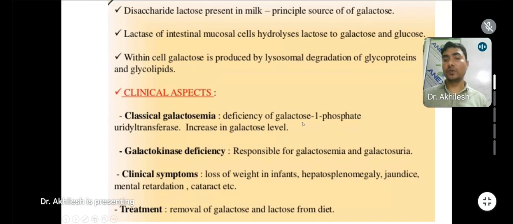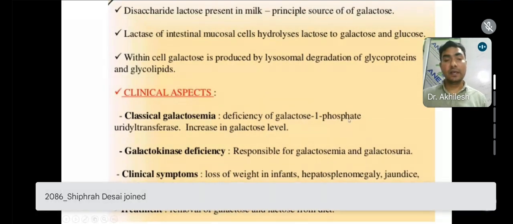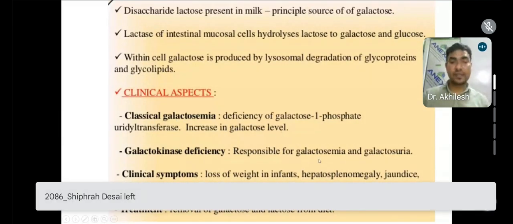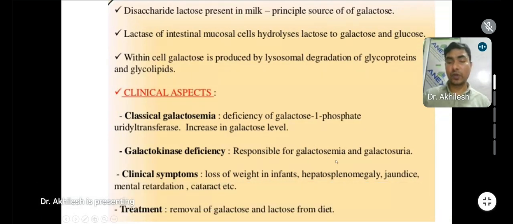There can be a deficiency of galactose 1-phosphate uridyltransferase enzyme, so galactose levels increase, affecting the liver. You can see mental retardation and hepatomegaly in these cases. Similarly, in galactokinase deficiency, the enzyme does not convert galactose, so galactose concentration is high in serum.